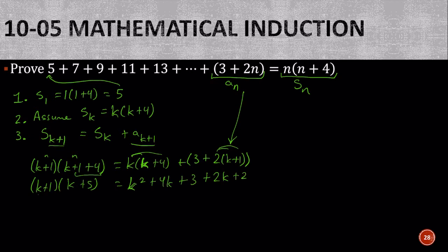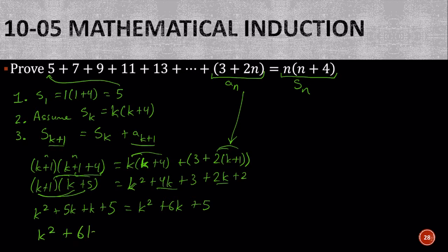On the left we could FOIL, so we'd have k squared, 5k, 1k and 5. Could collect like terms. I have 4k and 2k. Then I have 3 plus 2. So I'll have 6k plus 5. Sorry, k squared plus 6k plus 5 equals k squared plus 6k plus 5.